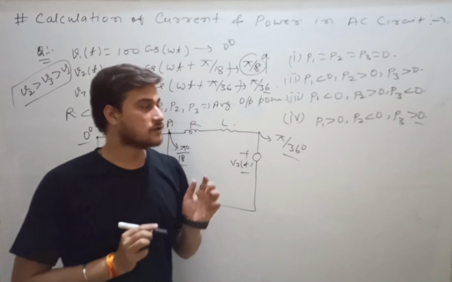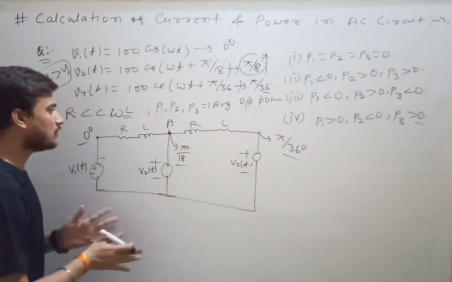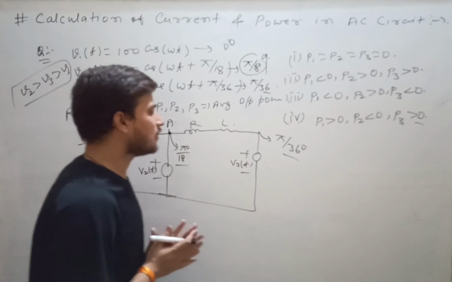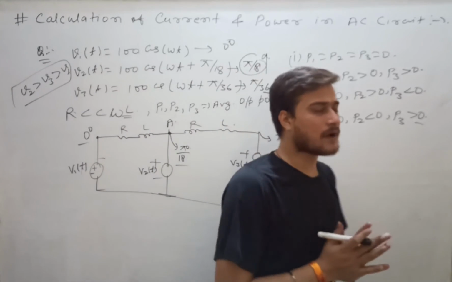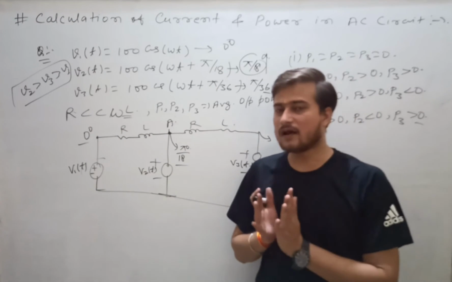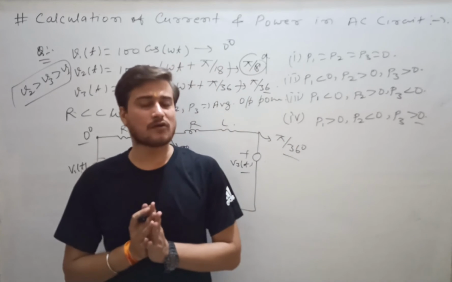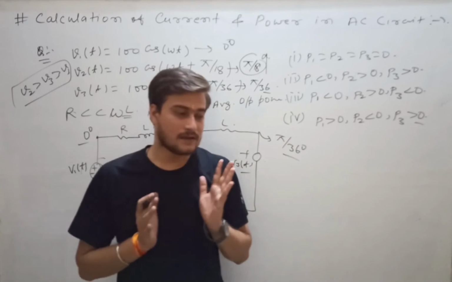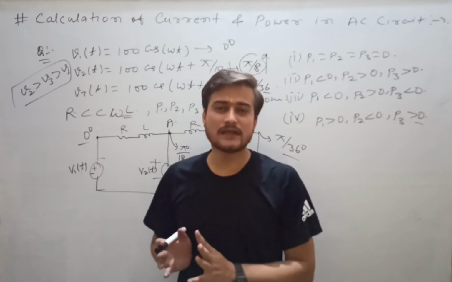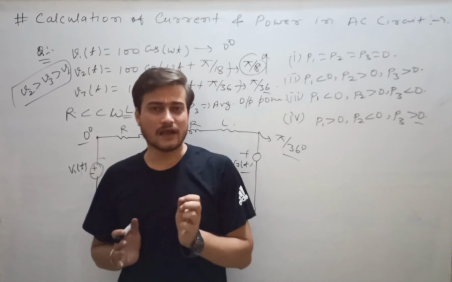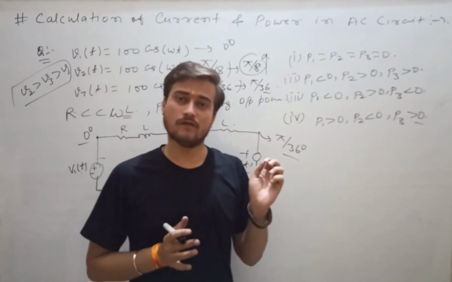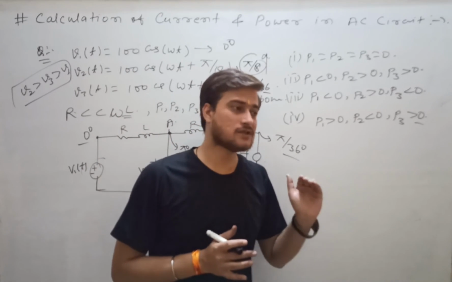Now what about the active power flow? If the magnitudes of voltages are equal, still active power will flow, but there should be a difference in the angles of the node voltages.